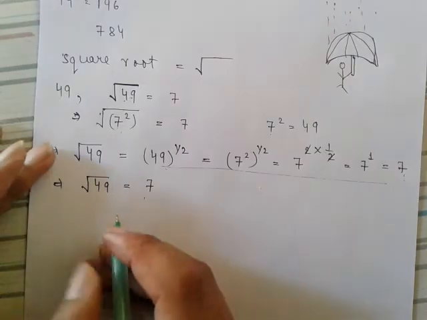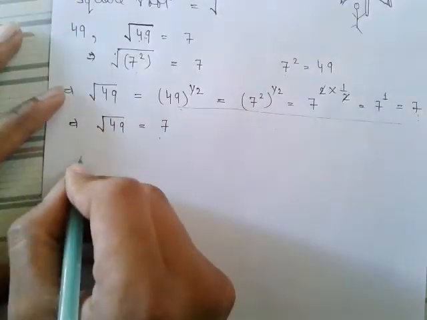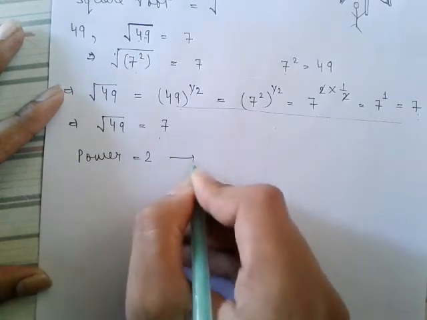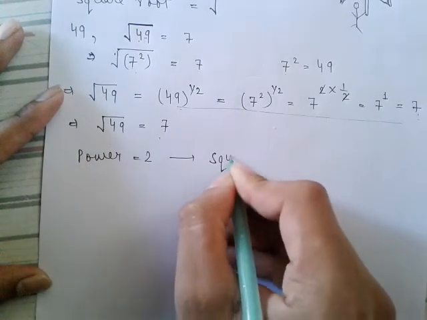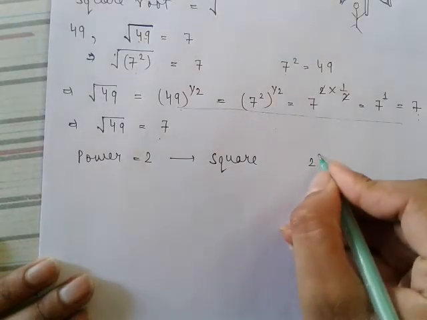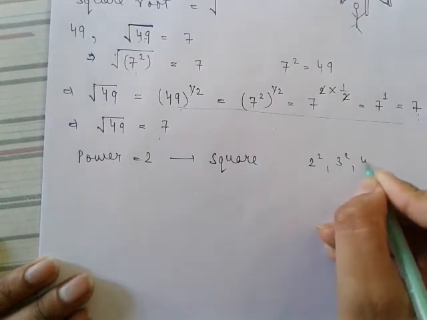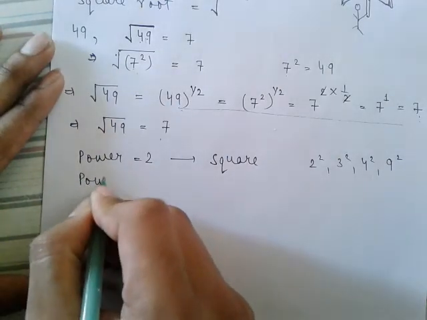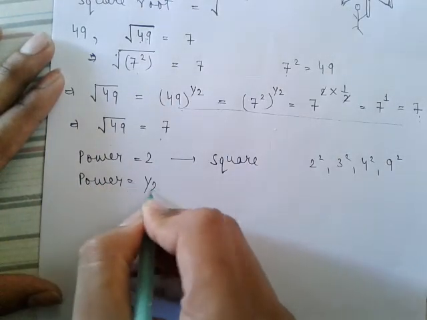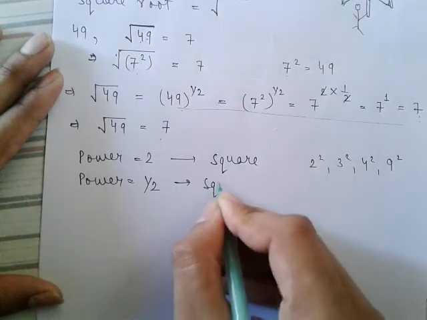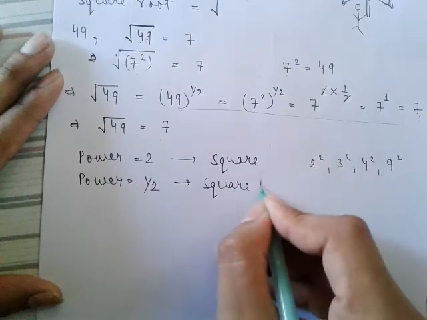So in other words, you write power 2 as the square, isn't it? If you have any number with the power raised to 2, you call it a square, just like 2 squared, 3 squared, 4 squared, 9 squared. Now if you have the power 1 by 2, you call it square root.